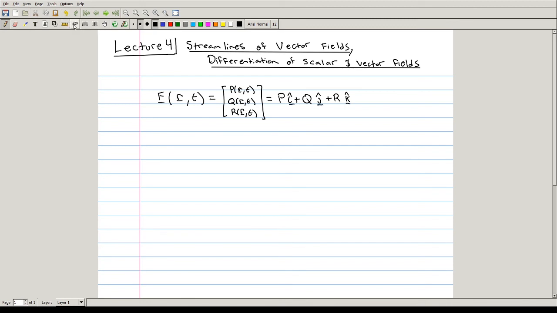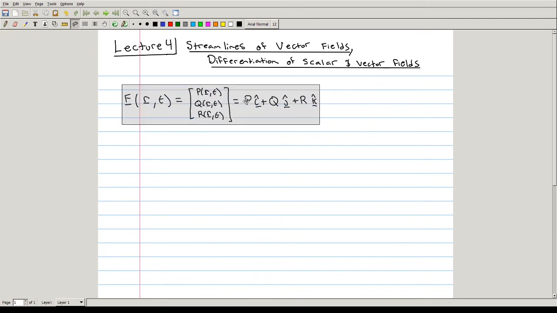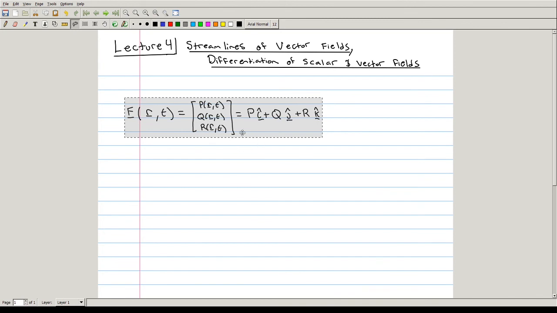So the x component of the vector field is a function of position and time. The y component of the vector field is a function of position and time, and the z component of the vector field is a function of position and time. Remember, this means then that f itself is a function of position in 3 dimensions.